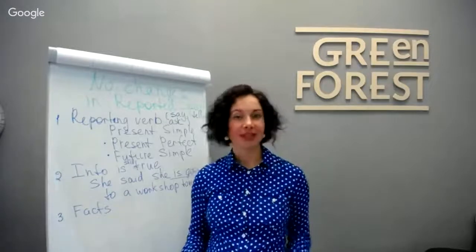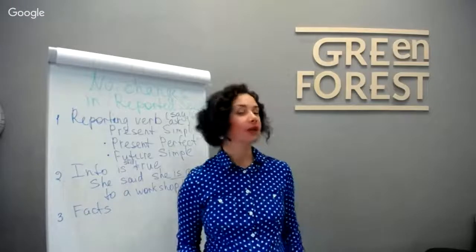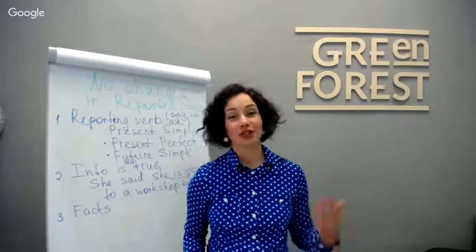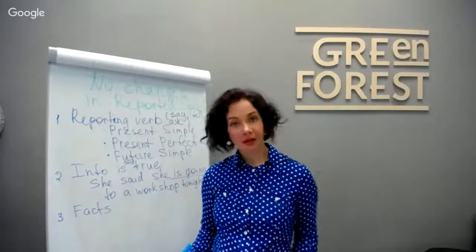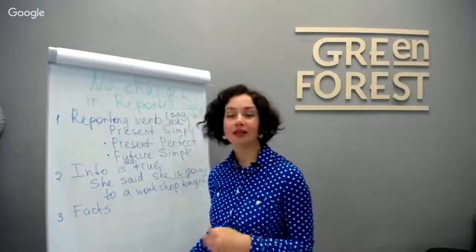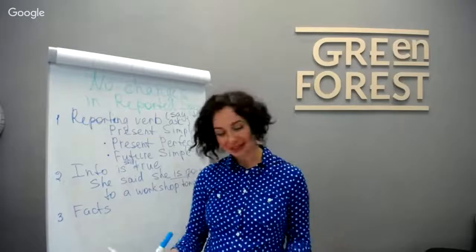Your scientist teacher can tell you about this. And even if you come home and tell your mom, Mom, you know that my scientist teacher told me that the Earth rotates, present simple, around the sun, because it's a fact. It's a well-known fact, and it cannot be past, it cannot be future. It's just a fact. It exists.